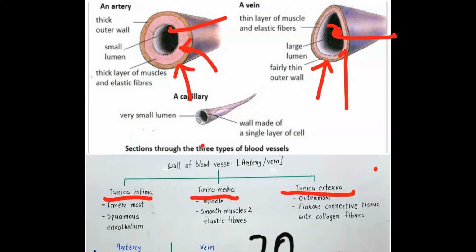Then comes the innermost, called tunica intima, squamous endothelium. Remember that squamous epithelium means flattened cells, a single layer of cells. So that type of squamous epithelium makes the inner layer, so it is called squamous endothelium. I'll see if I have another diagram to make things further clear.